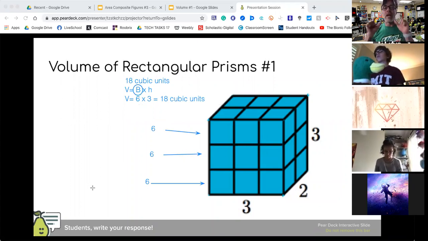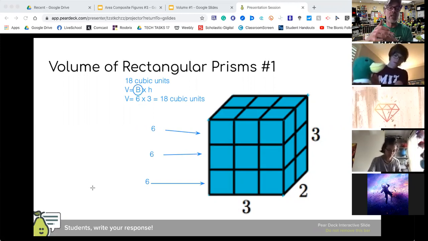The reason I'm honing in on this is to set you up so that when we do triangular prisms, octagonal prisms, pentagonal prisms, cones, and cylinders, it's all about some kind of base area times some kind of height. And that's why it's important to emphasize the base.